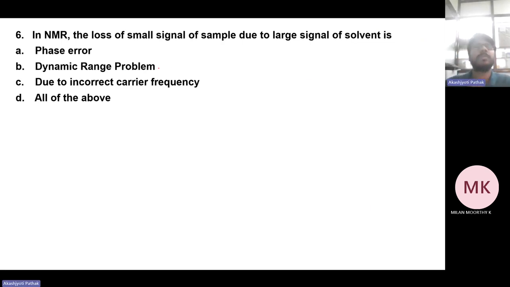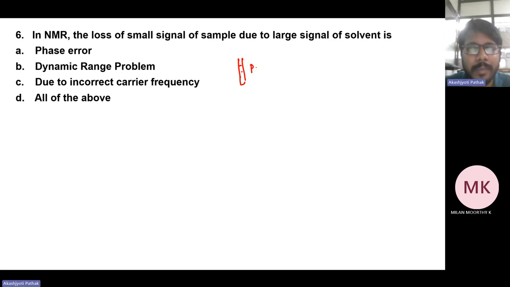So in this question, they are saying that there is loss of small signal of sample, the signals which are having weak intensities are getting lost due to large intensity of the solvent.